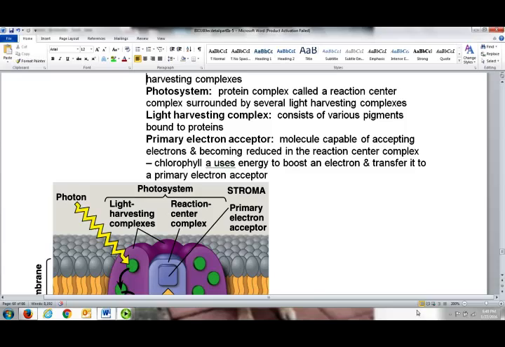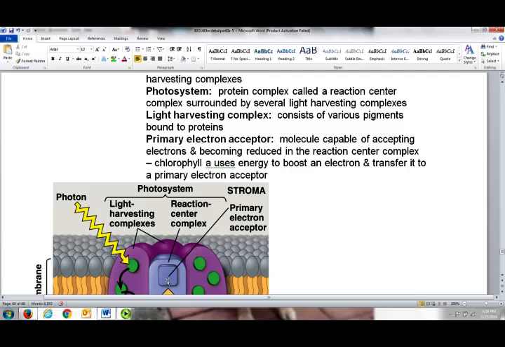So here at the top of this picture, you can see you've got your reaction center complex, and then you've got your light harvesting complexes around it. Your primary electron acceptor is going to be the molecule that's capable of accepting the electrons, and it becomes reduced in the reaction center complex. So up here, this represents your primary electron acceptor.